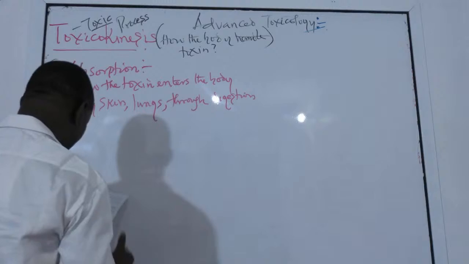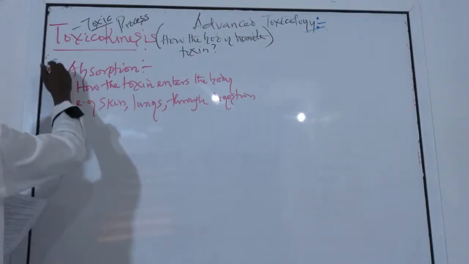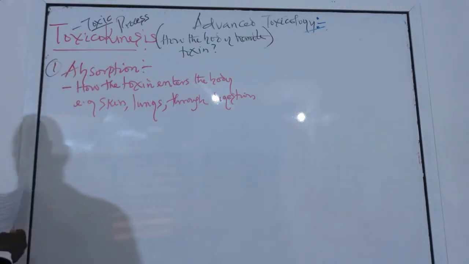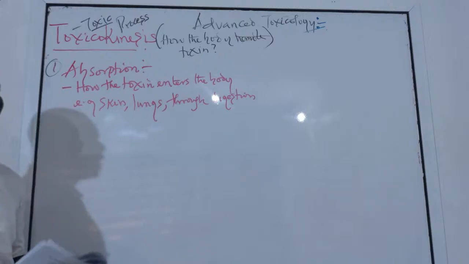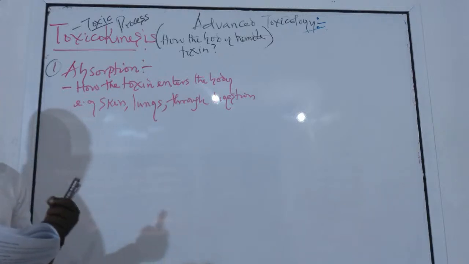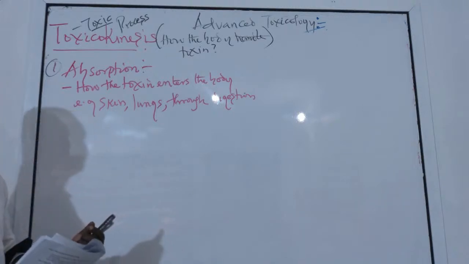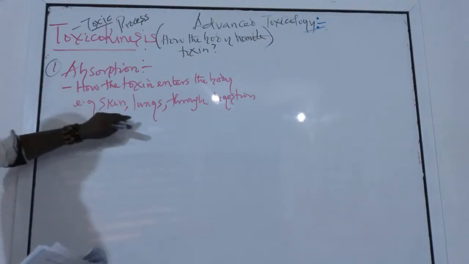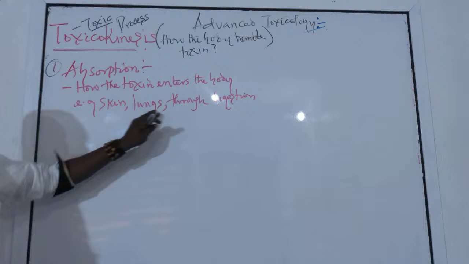So it really matters. In trying to study that, it is referred to as absorption, the way a toxic substance enters the body. For example, if the target of that poison is the lungs, how will it get to the final target organ?